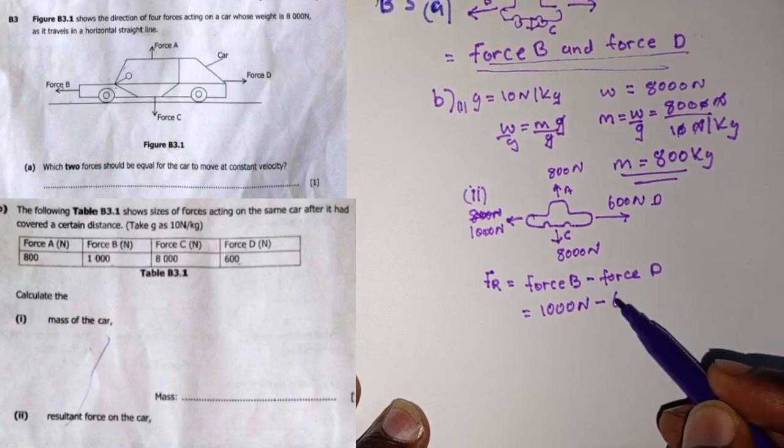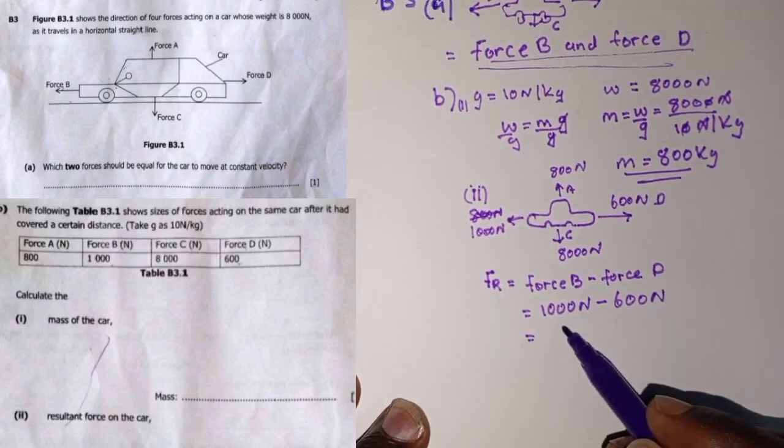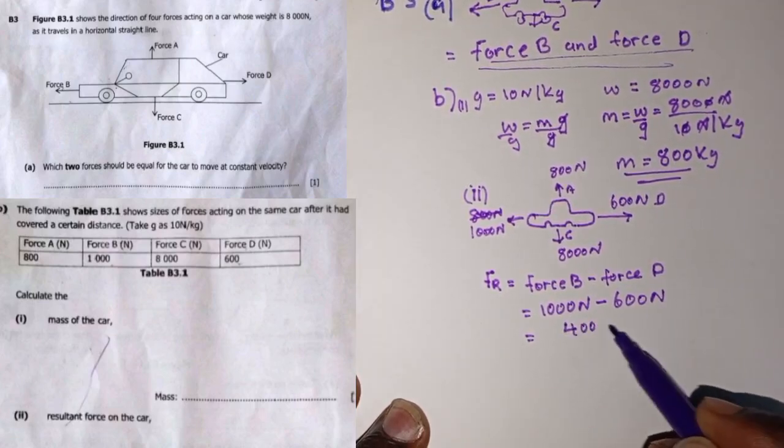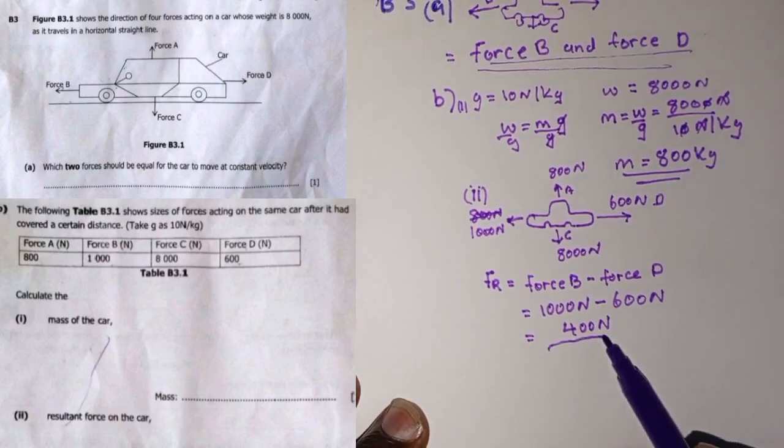Force D is 600 Newton. When you subtract here, you get 400 Newton. So now this force is the resultant force.